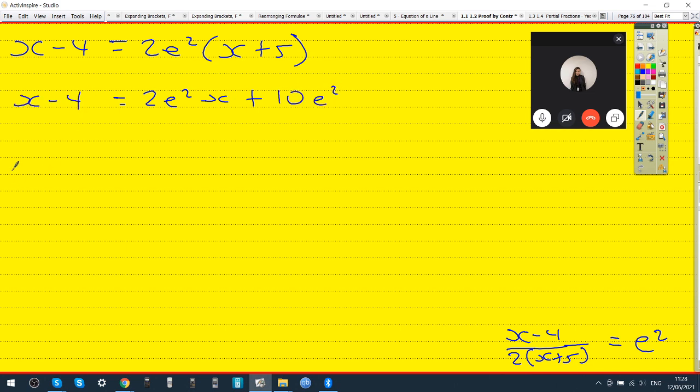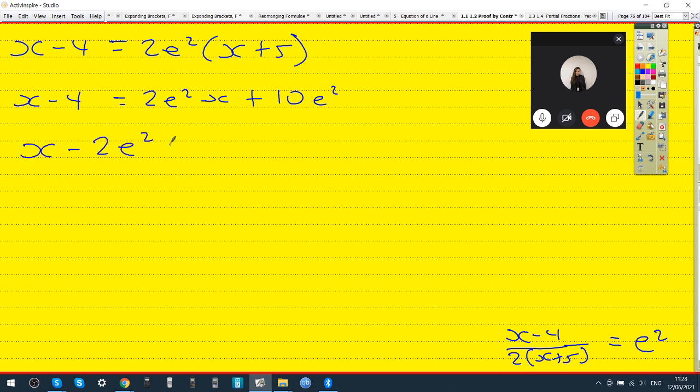How do you solve that? Could you simplify the e squared? Bring the x's together. Bring the numbers together, so you can divide by x.